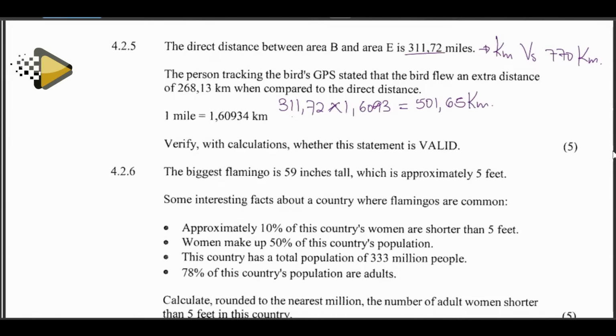So what are we looking for? We subtract now the distance it covered minus the one that we've just got now, and we look for the answer. It is 286.35. They are saying an extra 268, which is valid.